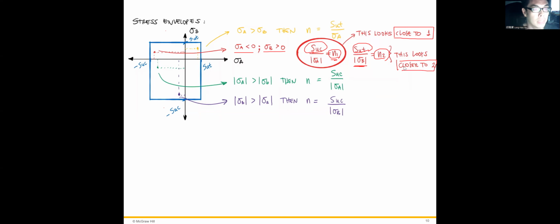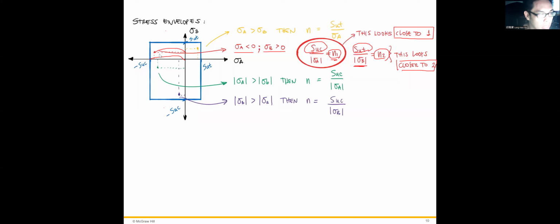For N1, the denominator is SUC, this distance, divided by sigma A. If we compare the two lengths of SUC and sigma A, from the length point of view it's almost the same.